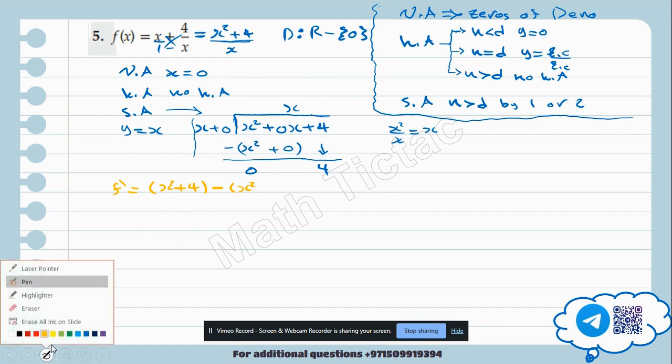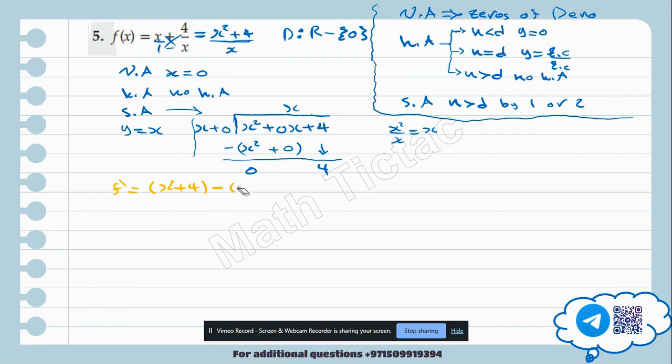So the denominator multiplied by the derivative of the numerator, which is 2x, minus the numerator, x squared plus 4, multiplied by the derivative of the denominator, which is 1, over the denominator squared.